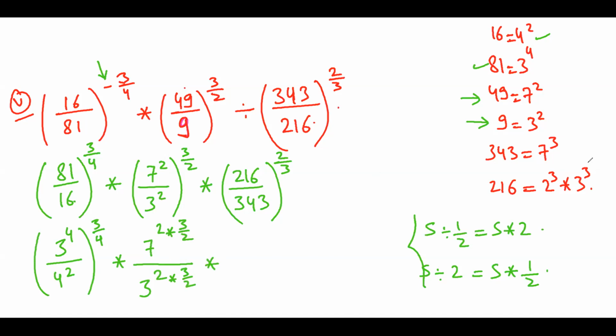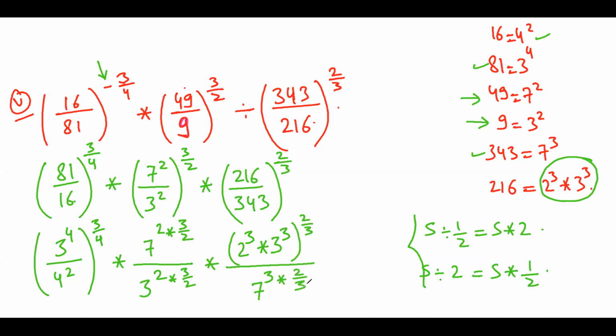I can write as 2 cube into 3 cube, 2 cube into 3 cube whole power 2 by 3 upon 343 can be written as 7 cube. So 7 cube into 2 by 3. So let me make some space here and you can carry on the simplification.